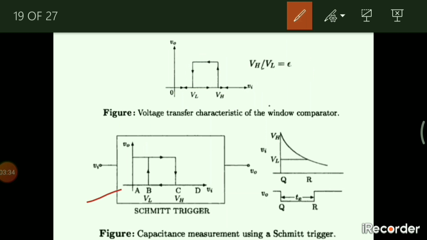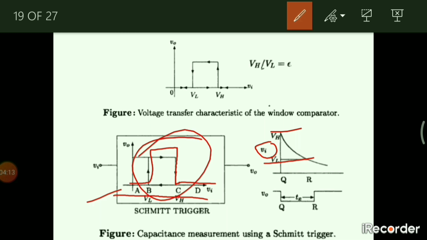Now the second is Schmitt-Trigger method. In Schmitt-Trigger method, we have two levels. One is VL, that is lower voltage level, and VH, higher voltage level, with VI as the input. When charging of the circuit takes place, the waveform is like A, B, C, D like this, and during discharging we have waveform like D, C, B, A. So here we obtain a window.